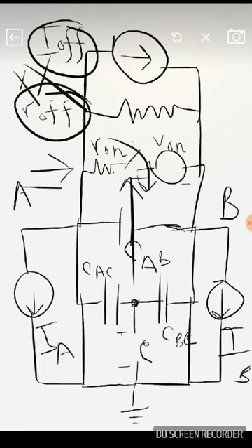It would flow through this part, where it faces R on, which is the on resistance, and there is a voltage V on, which is the voltage lost while the current flows from terminal A to terminal B.